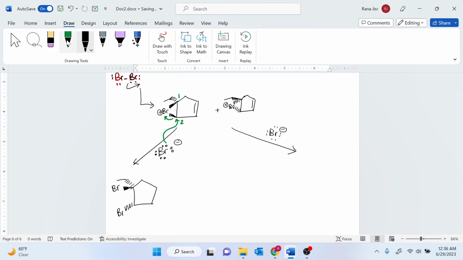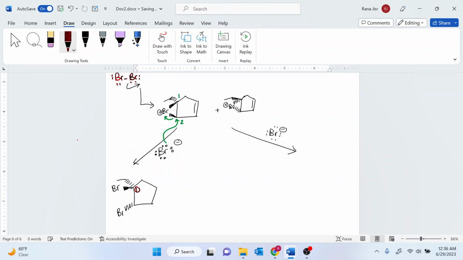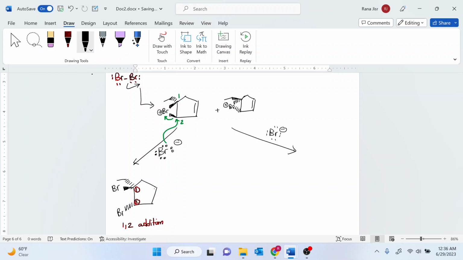So over here, it's as if I did a 1,2 addition. So this is carbon number 1, this is carbon number 2. So this is going to be a 1,2 addition. Don't forget your double bond in there. So you do have a double bond between carbons 3 and 4. So this is carbon 3 and this is carbon number 4. Keep that.